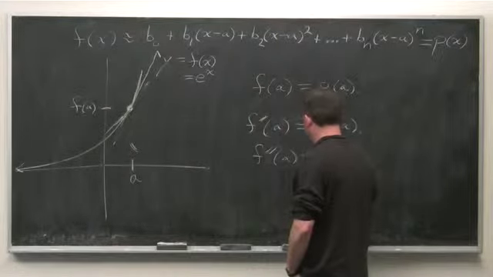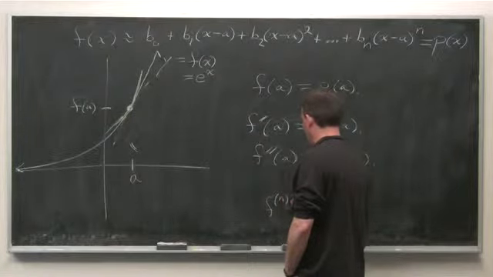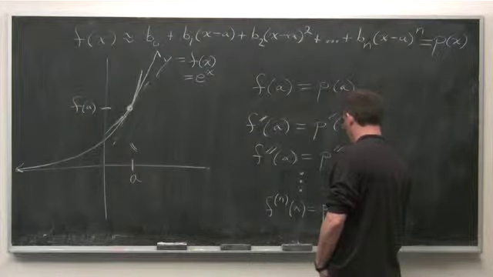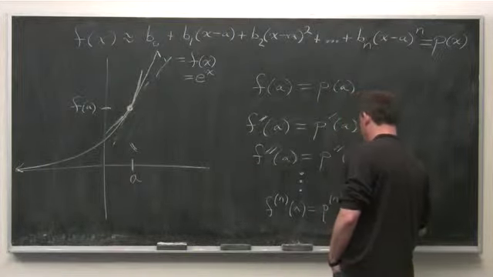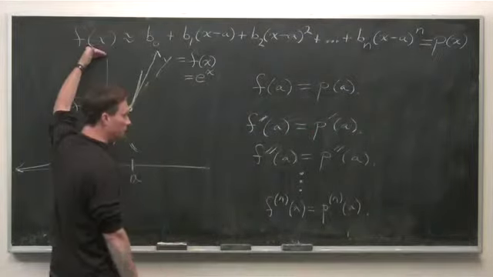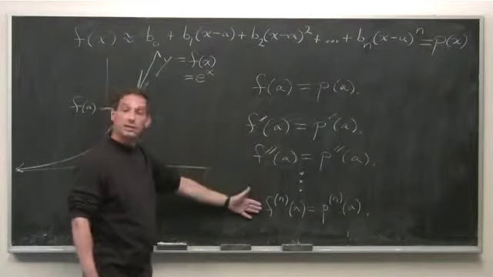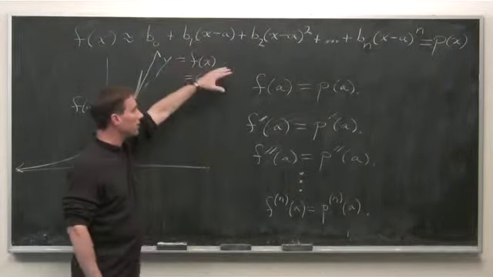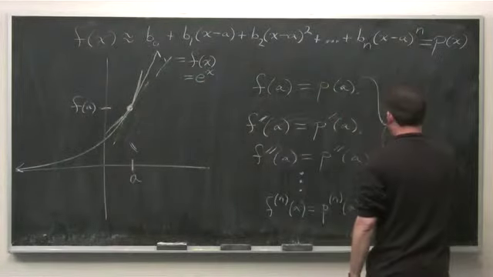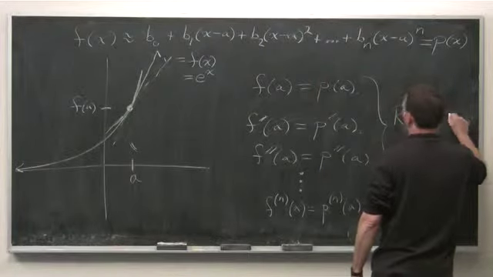What you want is for all of the derivatives of your original function and your polynomial to be the same, up to whatever degree polynomial you want to use to approximate f of x. So we would need for f to be at least n times differentiable if we want to approximate by this. And then you require this. So we're going to require this and see what it makes the b's turn out to be.